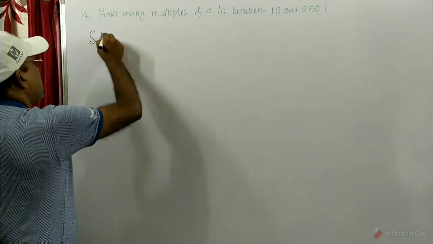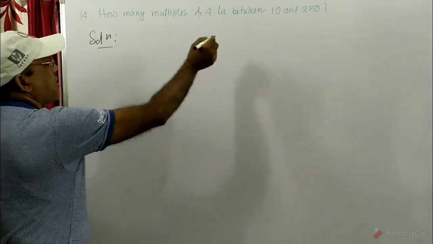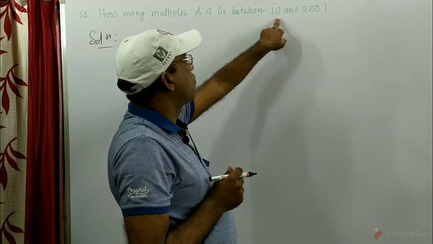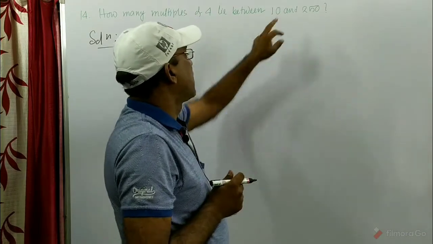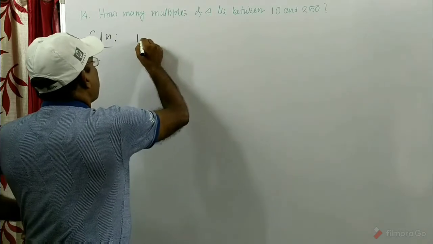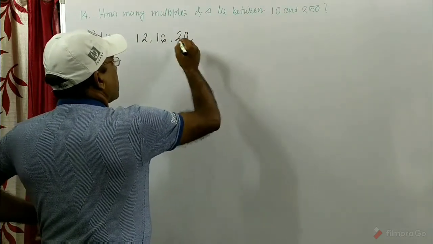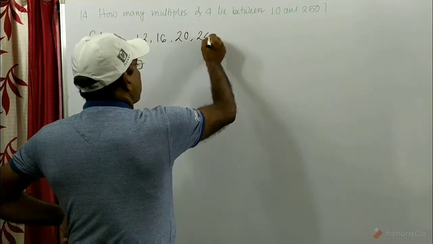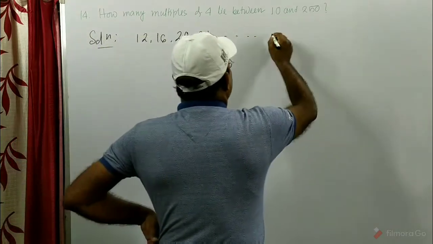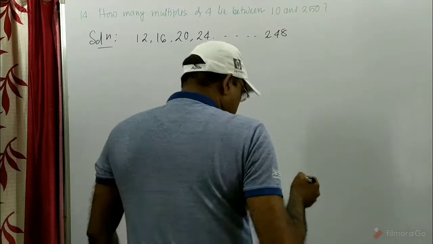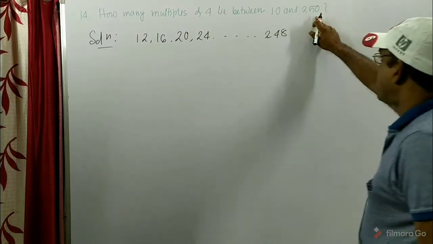Now the solution. First we have to write the numbers. 10, next 12 is divisible by 4, so the first will be 12, 16, 20, 24, and so on, and the last number will be 248, because 250 is not divisible by 4.